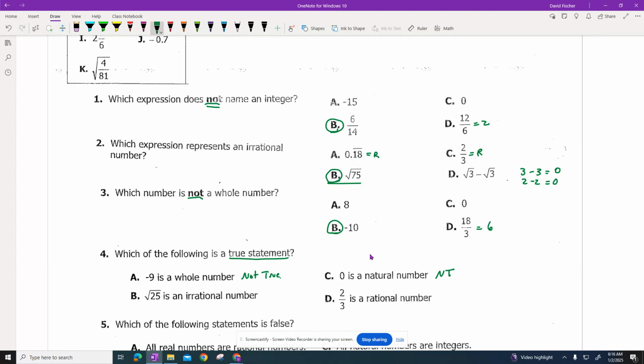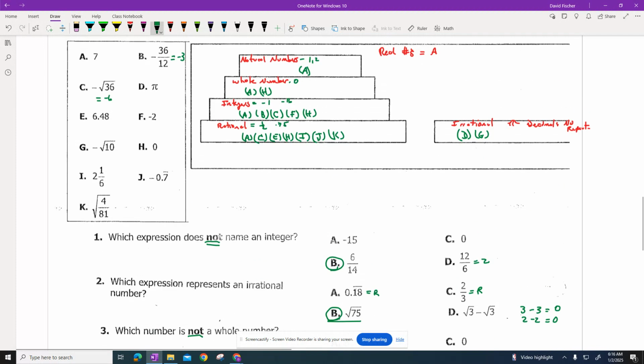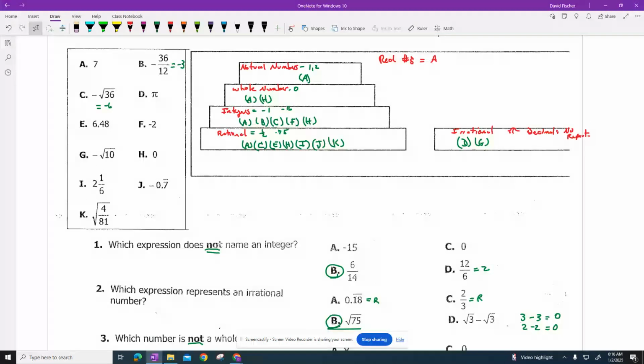The square root of 25 is an irrational number. Now remember, the "ir" is what makes it a weird one. But I know the square root of 25 is 5. 5 times 5 is 25, and that's what square root means: what number times itself will give you the number underneath. Well, that's not an irrational number because it starts way up there at the natural number category.